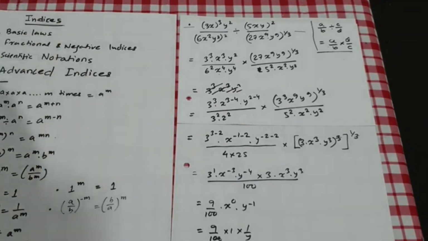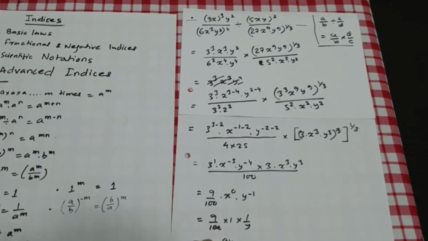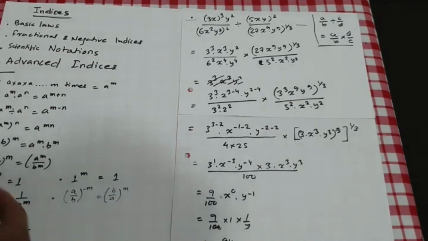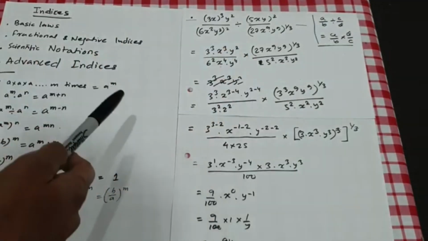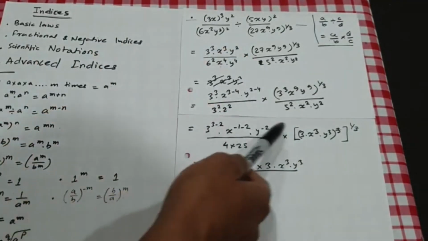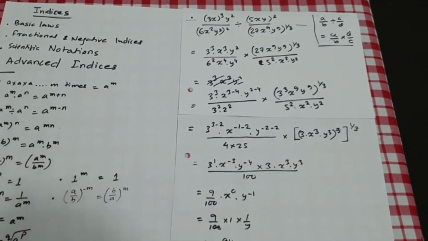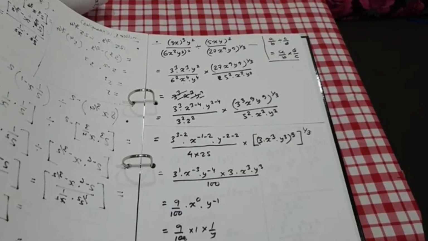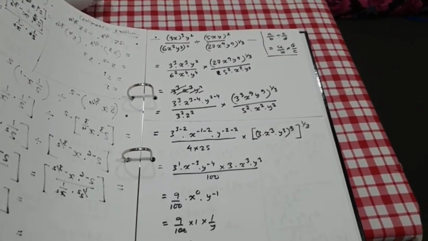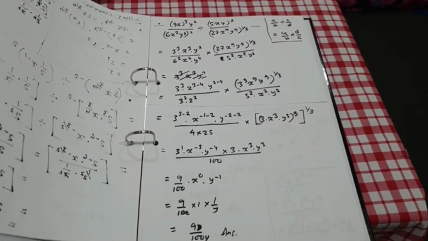If there are multiplication or division, just try to bring all of them into multiplicative form and then try to solve them using this same process, and you will see you will be able to apply some of these rules and remove some of these fractional powers, and all of this will go, and then it will simplify into some of these basic identities of indices, and then you will have your answer. So the answer is 9 by 100y.